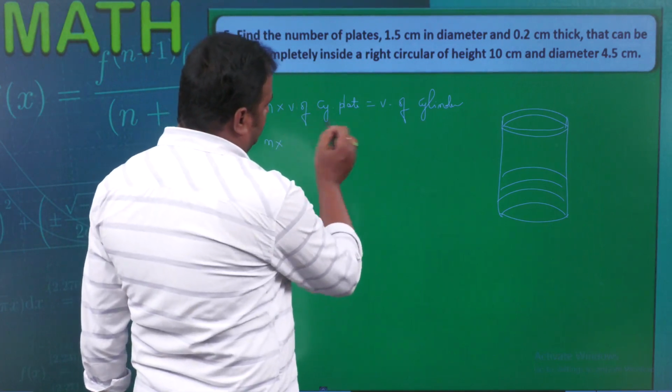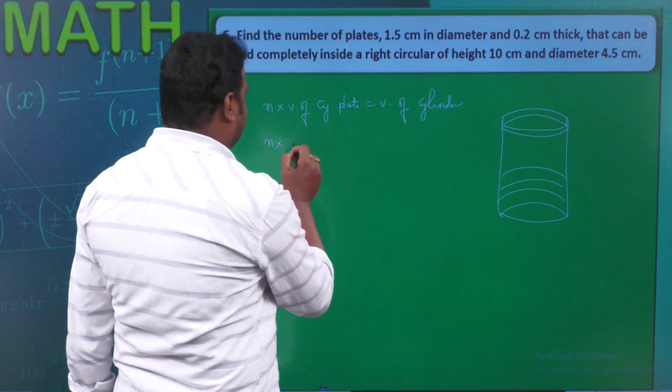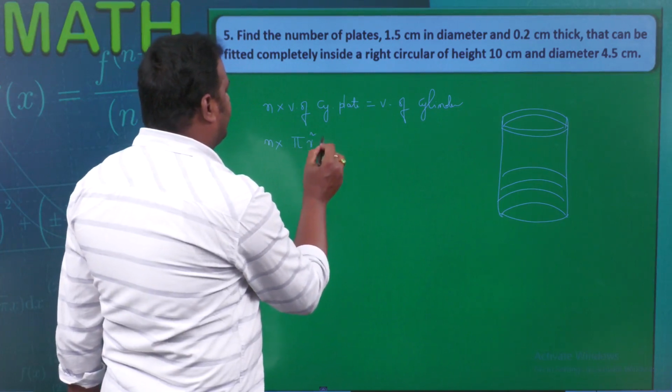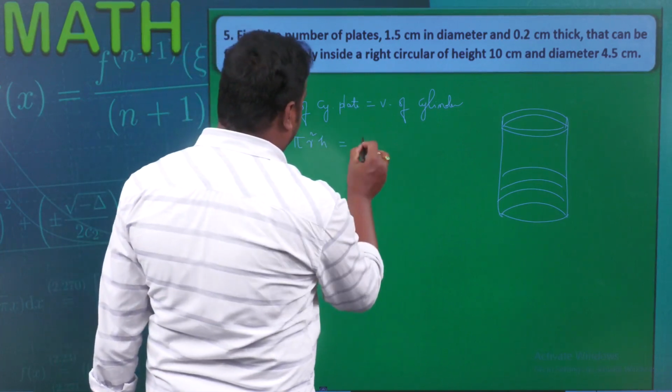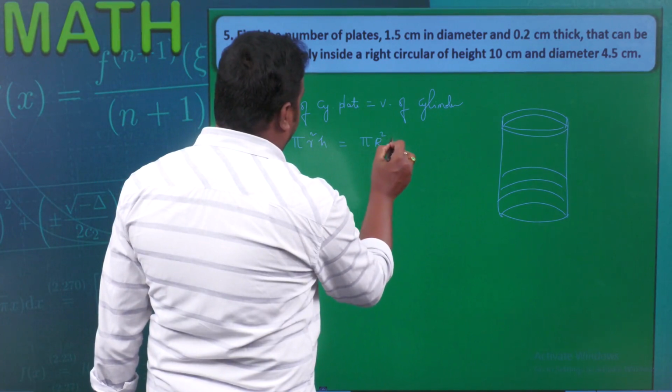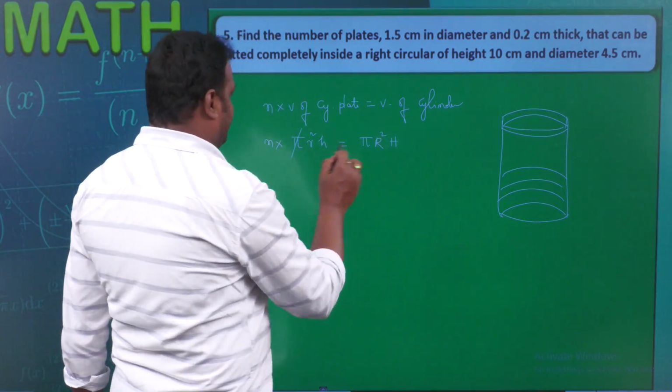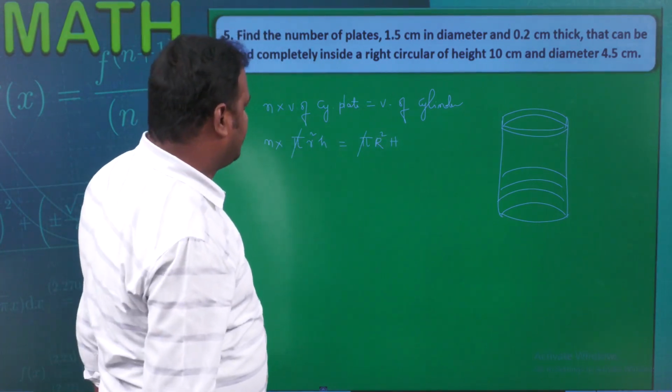Let us use lowercase letters for the plate and uppercase letters for the cylinder. So n into pi r square h is equal to the volume of the cylinder, pi capital R square capital H. So pi and pi can be cancelled. Now you substitute the values.